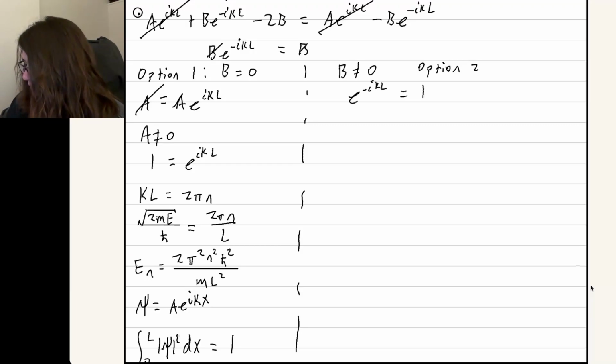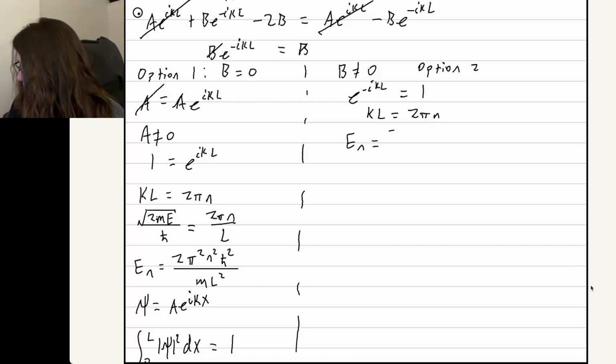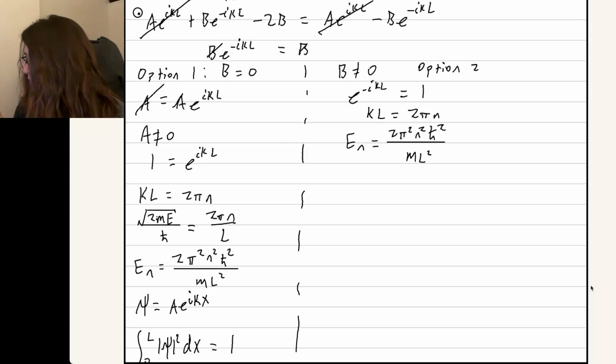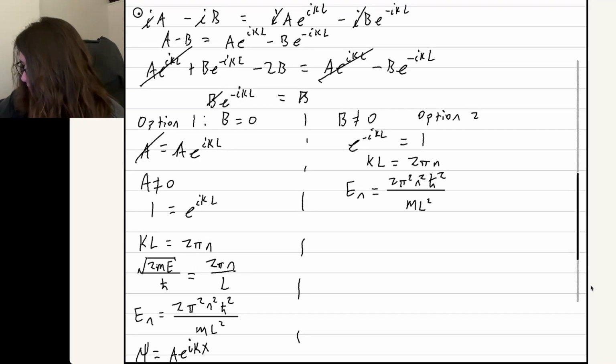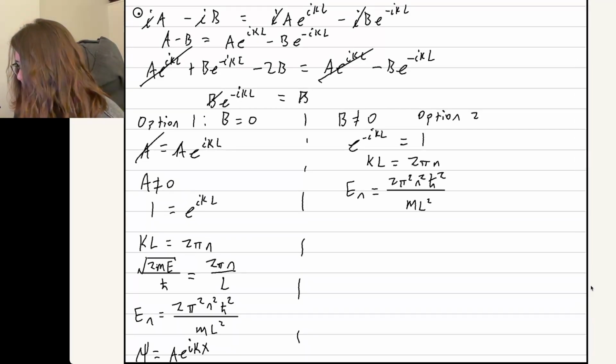And that's going to give us the same quantization condition for kL, which means it's going to give us the same energy eigenvalues, and this is pretty interesting that they have the same eigenvalues. But if B is not equal to 0, then A has to be equal to 0 according to this equation up here that we got way back.